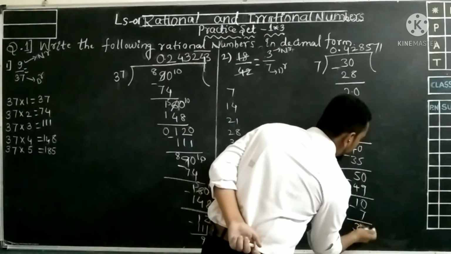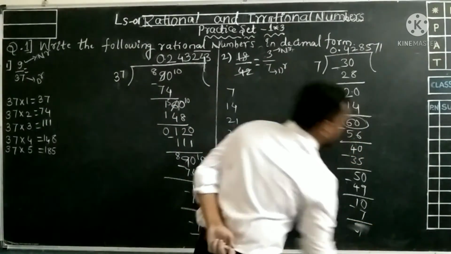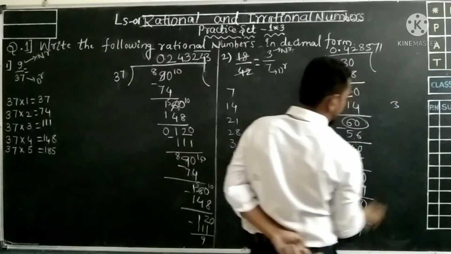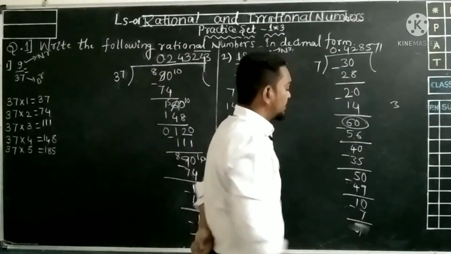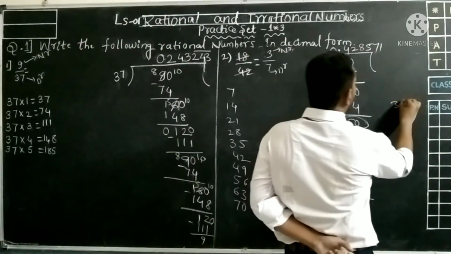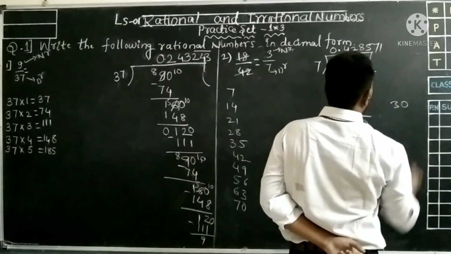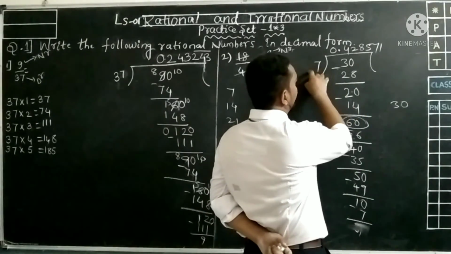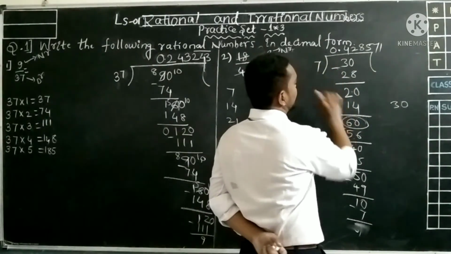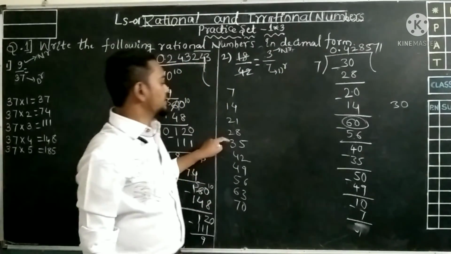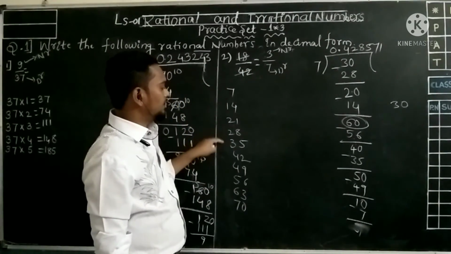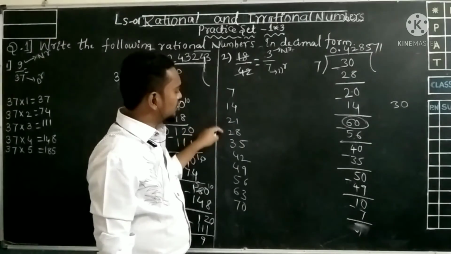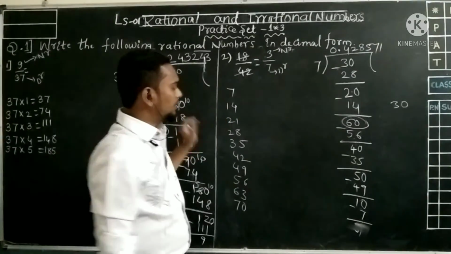Now, we will again put this 3 here, and again we will put a decimal point, so 3 becomes 30. 30 is not in the 7th table. 7 4s are 28.